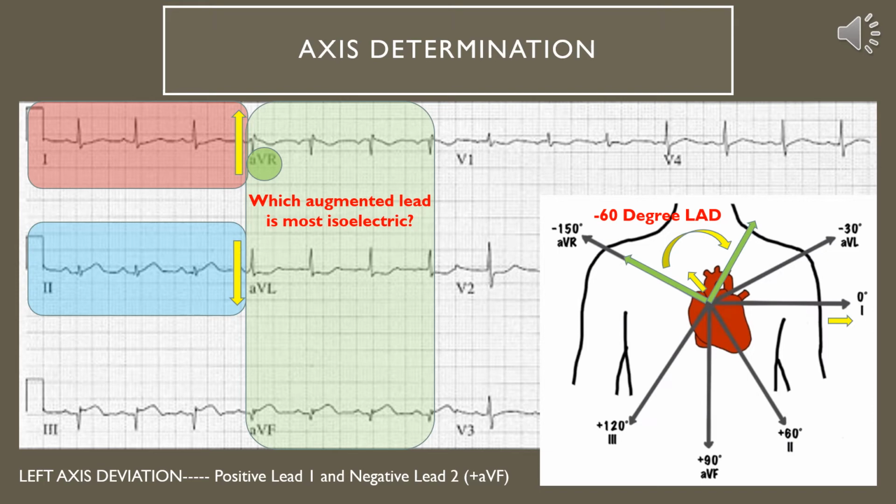Okay, so if AVR is at -150, we go 90 degrees to the right, and that tells us that we have a -60 degree left axis deviation.